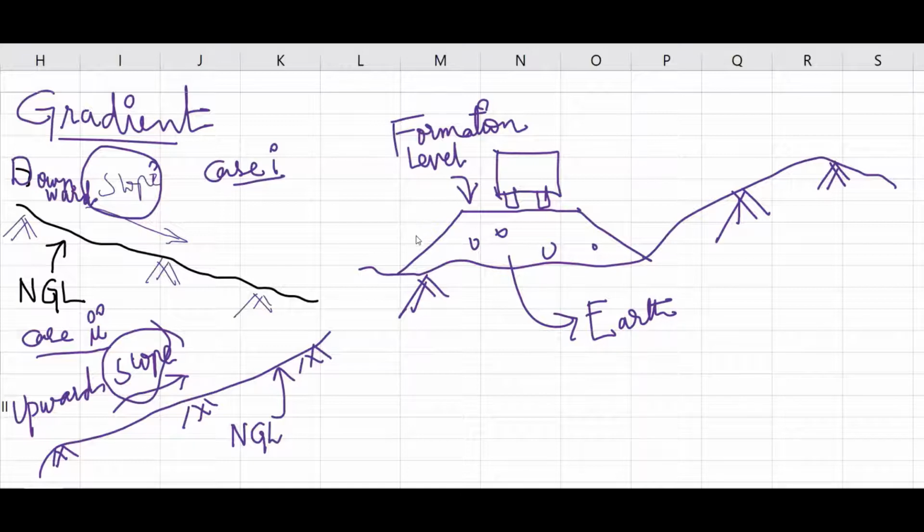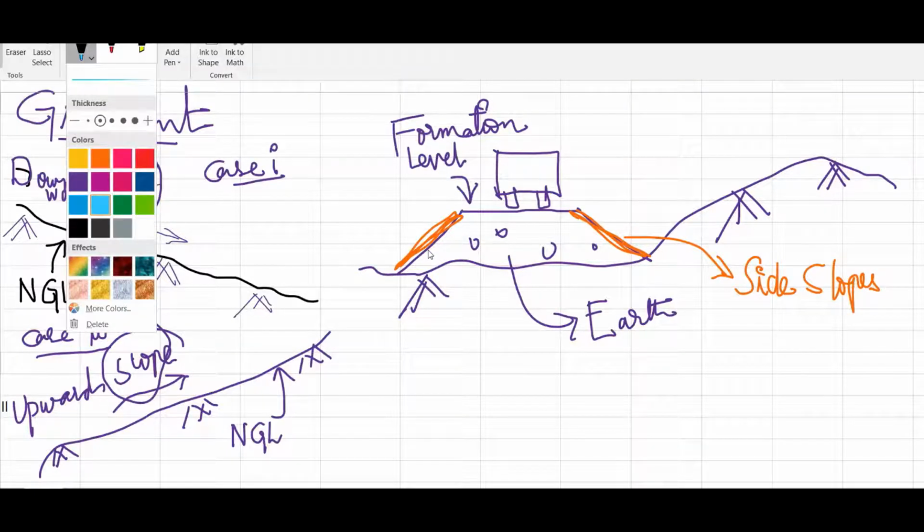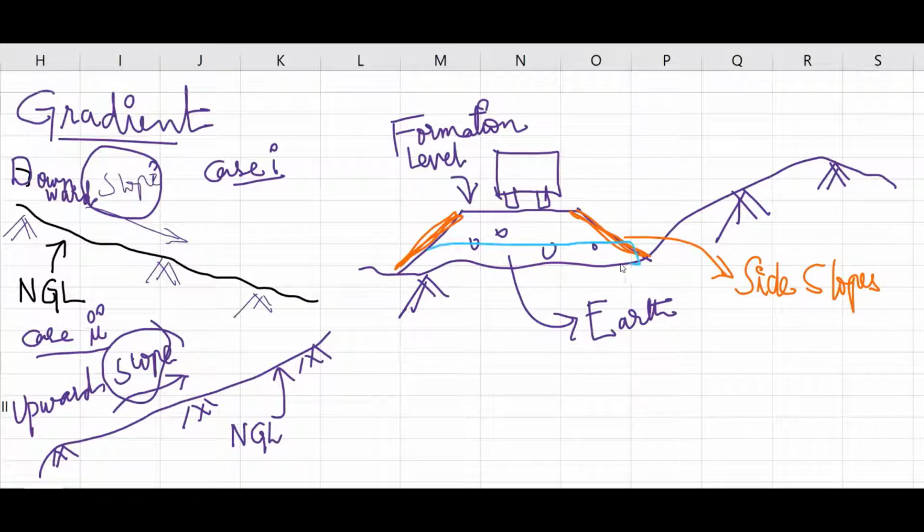Whatever I have noted down here, the orange colored portion you are seeing, are called side slopes.